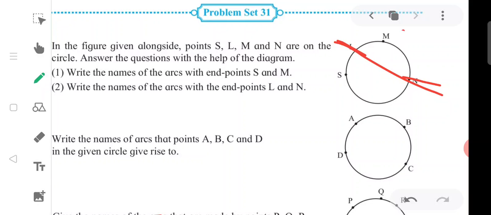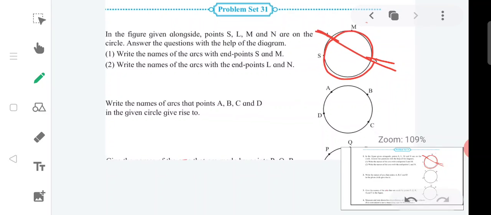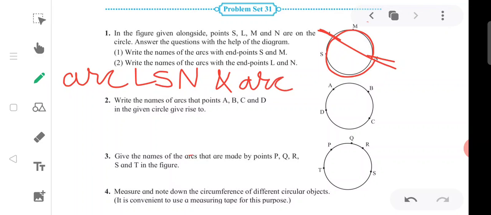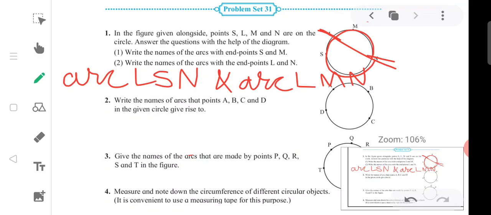So we have two arcs, arc LMN and arc LSN.